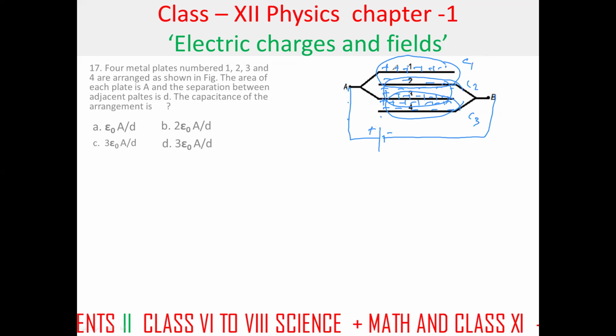You see here, the number of plates is 1, 2, 3, 4, so the number of capacitors would be n minus 1. It is 4 minus 1, it is 3. So the answer would be 3 times epsilon naught A by D, because they are connected in parallel. This combination can be simplified like this.